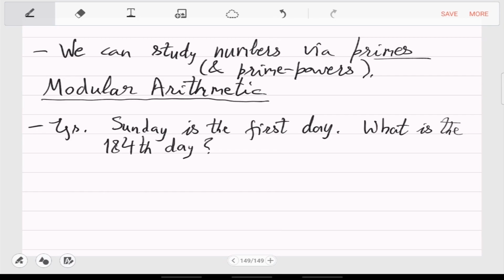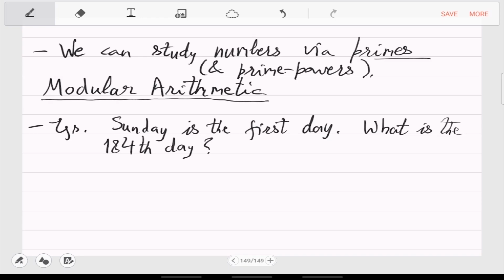Right, so some students may want to list days from 1 to 184 in a long notebook. That's also allowed, but then a smarter way would be to observe when Sunday repeats, right? So you look at the period. So you basically divide 184 by 7.